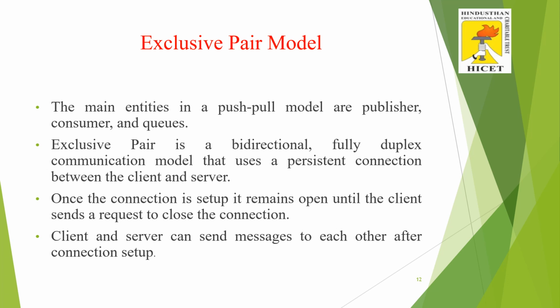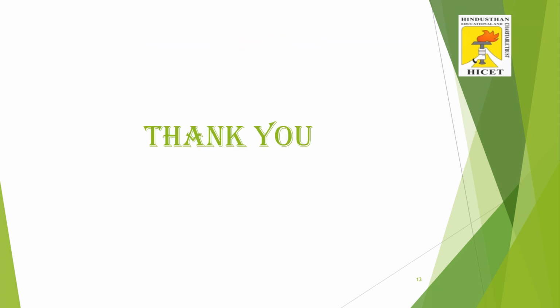The client sends a request to close the connection. With respect to this, the server sends the response to the client that your request is granted. The communication between the client and the server will be closed. So this is how the client and server pair model works. This pair is called the exclusive pair model.